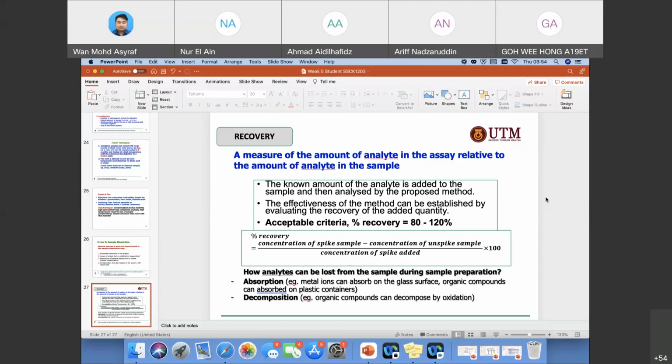The quiz will be on Thursday next week, because on Sunday I need to finish up chapter 6. In chapter 6, we are going to look at all of the parameters, including recovery as well. If there is no more question, maybe we can end our session now.